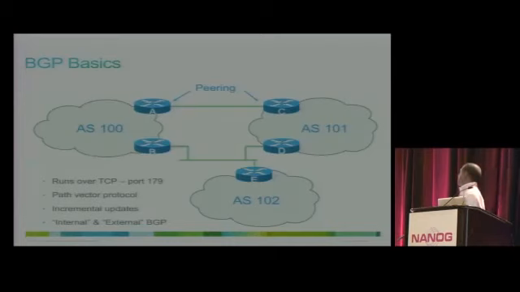That's the reason why the documentation ASNs are there. In this case, we have 3 networks, AS100, AS101, and AS102, and there are peerings between autonomous systems. It's possible to have 2 peerings between 100 and 101, on the top side and on the bottom side. Then 102 may have a peering with 100 and a peering with 101.